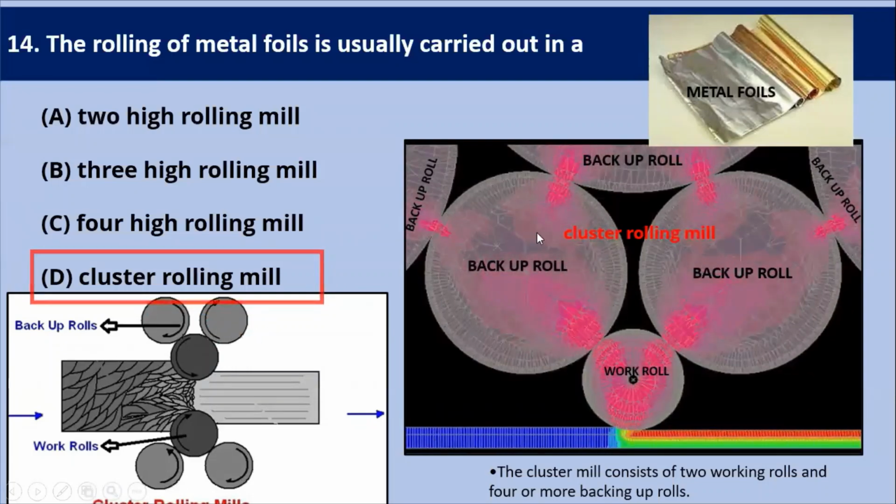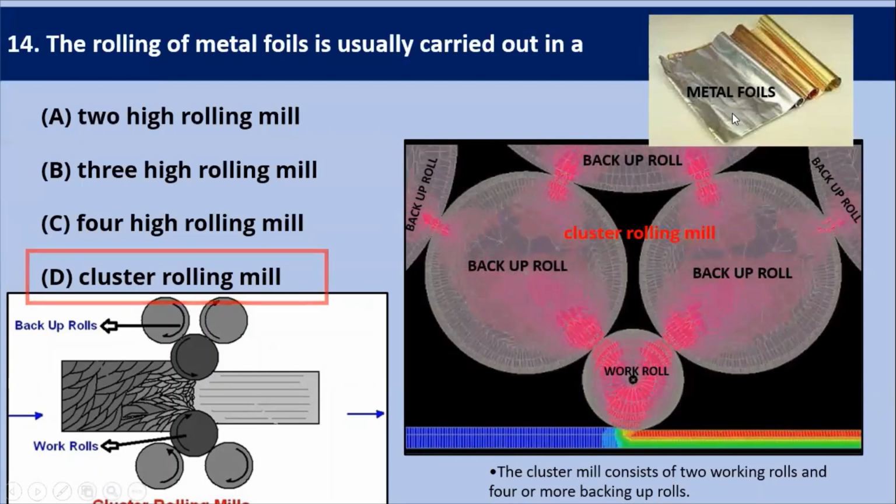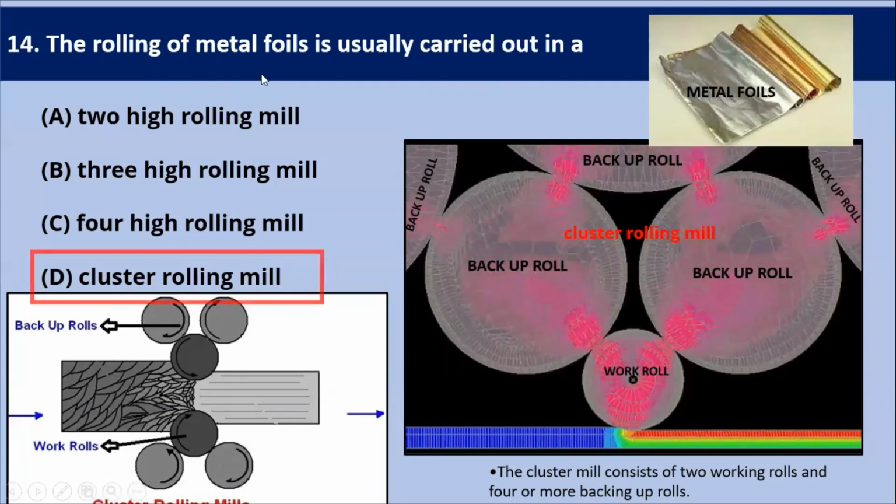Due to that, metal foil can be easily produced in cluster rolling mills. In the same way, they are asking the question: the rolling of metal foil is usually carried out in the cluster rolling mill.